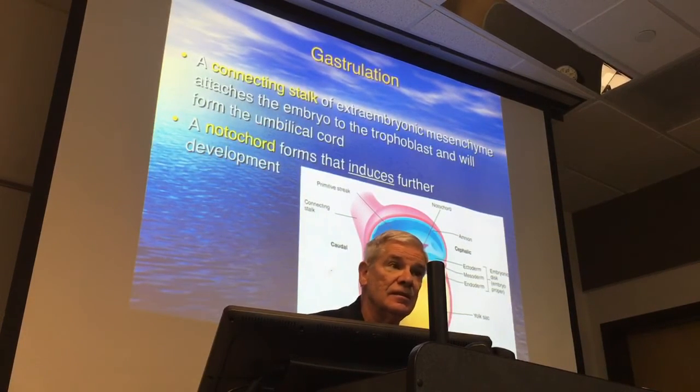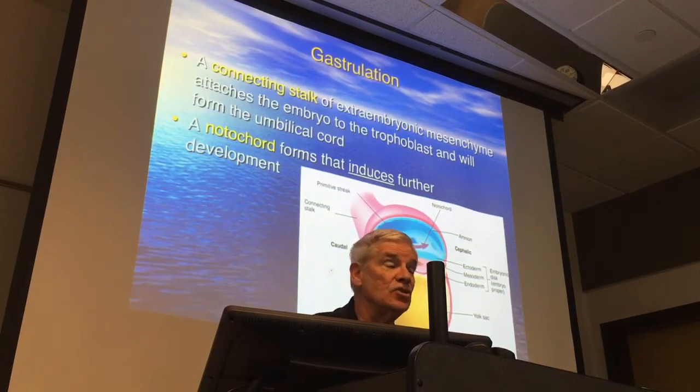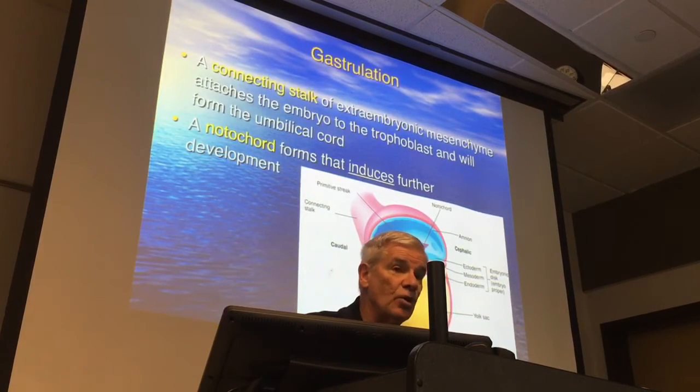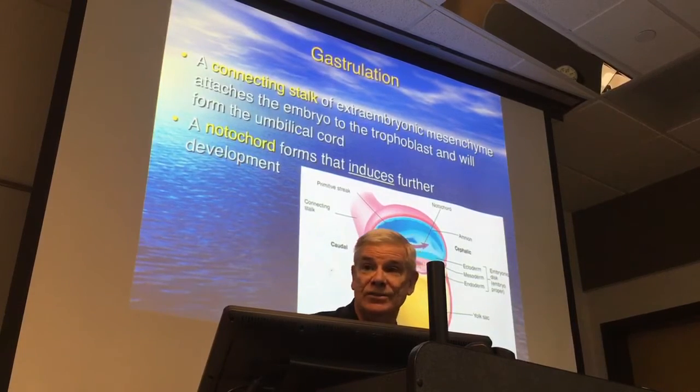Not every vertebrate has vertebrae, but all of them have a notochord. A notochord is an important structure because it induces the formation of other structures. The notochord is a trivial part of the human. Parts of the centers of a few vertebrae is all it is.